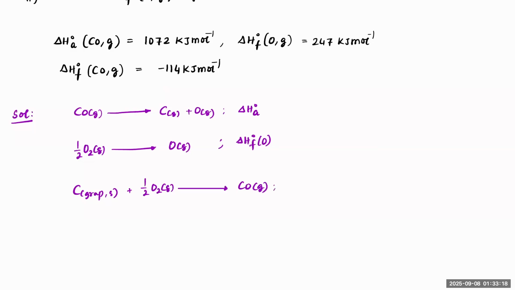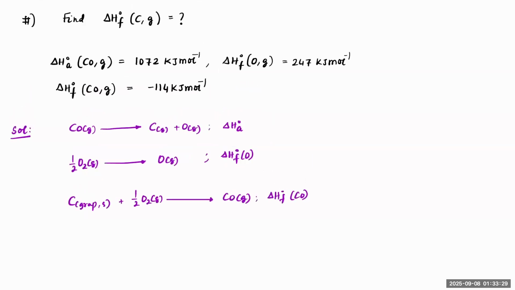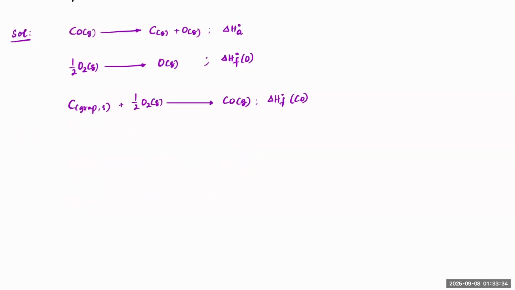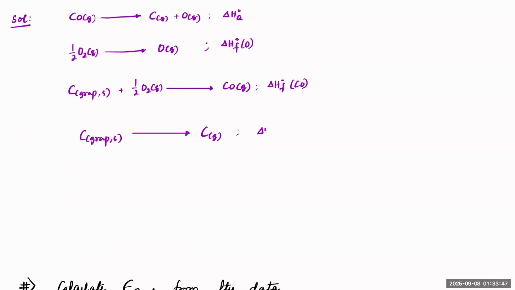For this, delta H of formation of CO is given. Now the question is, what is the formation of carbon? How do we get formation of carbon? If graphite solid is converting into C gas, that is the formation of C gas. So this is delta H of formation of carbon gas.